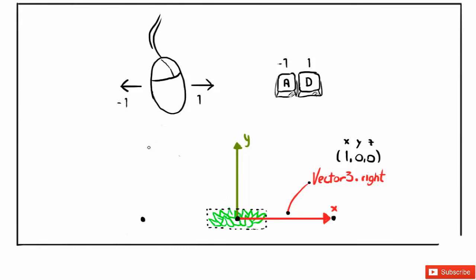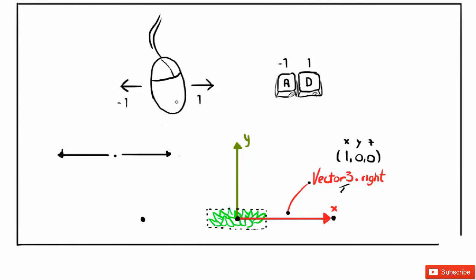Basically, if I got a positive input, which means that I want to move to the right, I'm gonna have a vector that points this way. If I got an input that goes to the left, that means I'm gonna multiply this vector by -1, and that in short terms means that I'm gonna invert its direction, so it's gonna end up pointing this way.